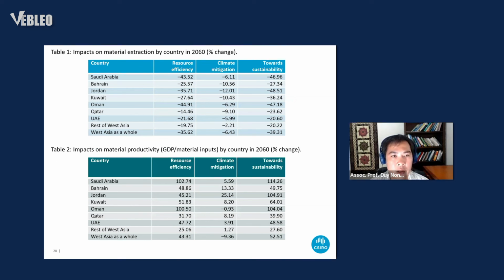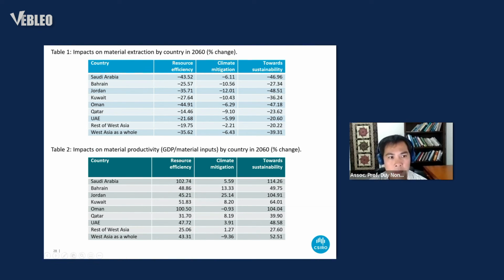And in this slide, I would like to show you the impact on material extraction by different countries in West Asia. For example, in the resource efficiency policy, compared to the baseline, Saudi Arabia reduced by 43.5% in 2060.